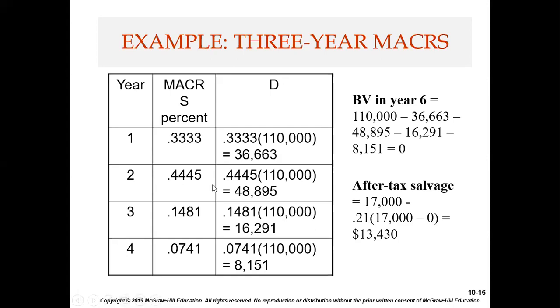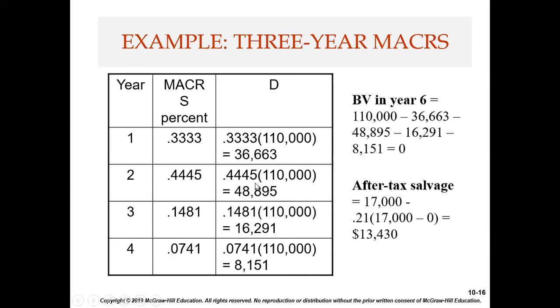Year 2, now we'll use the next amount down, 44.45%. We use the original total cost of 110, get the 48,895. So for tax purposes, we would deduct 48,895 on our tax return. Then the next year, 14.81%. And then the final year.